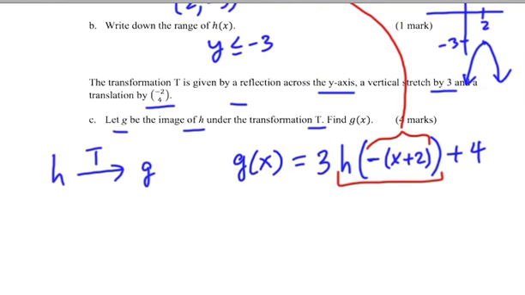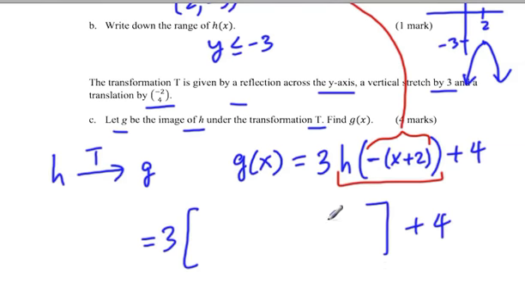I'm going to take a little bit more room. I'm going to use blue. So it's going to be 3, and there's going to be some big expression right there. This 3, whatever h of it, and then we're going to tack on the 4 at the very end.